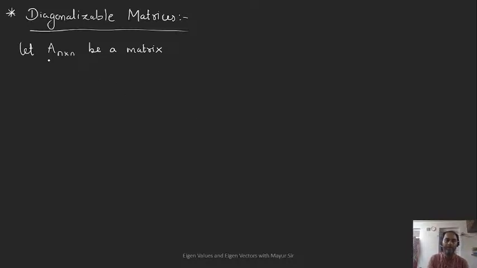Okay, so let A be an n cross n matrix with eigenvalues lambda 1, lambda 2 up to lambda n.